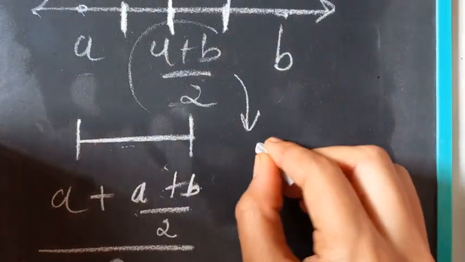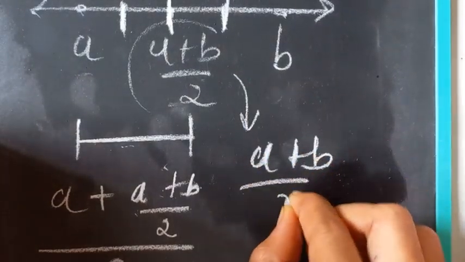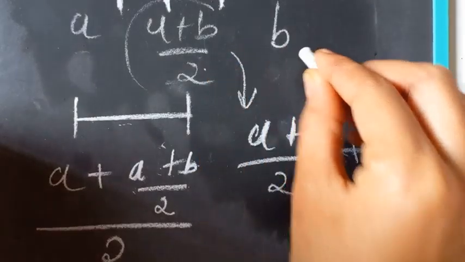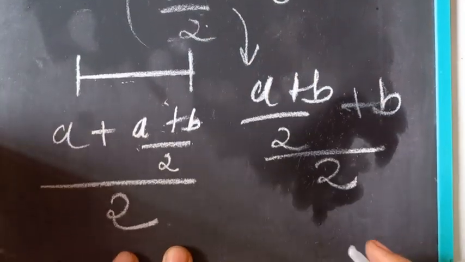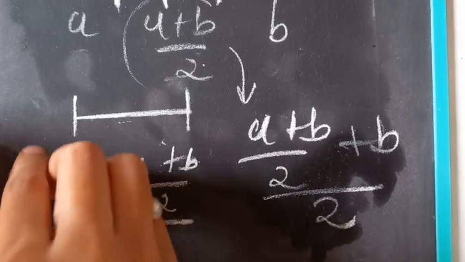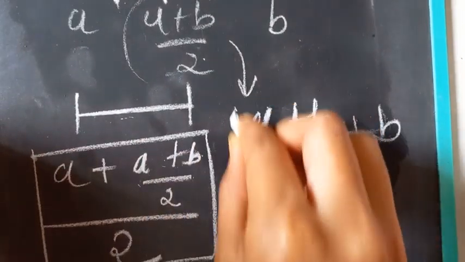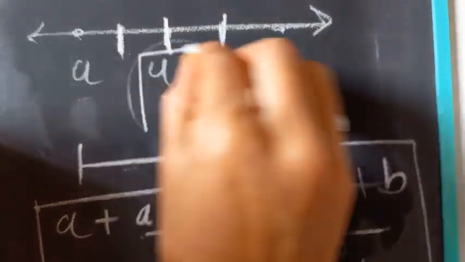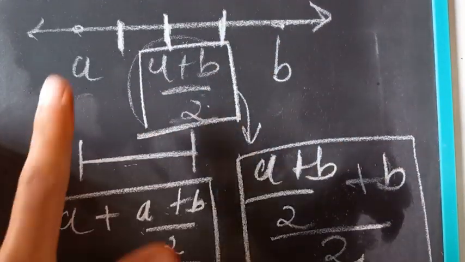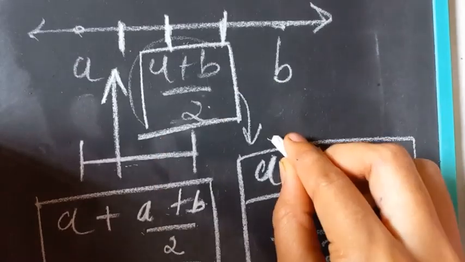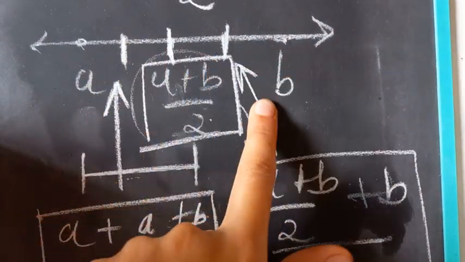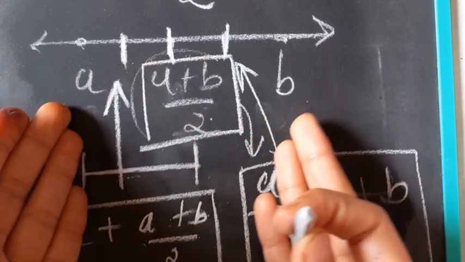Let's take the mean of these two numbers. So this is one number, this is one number, and this is the third. So we have three rational numbers, 1, 2 and 3, which are between a and b.